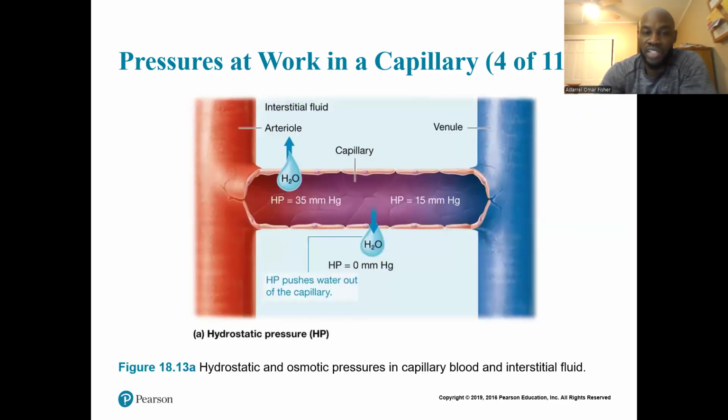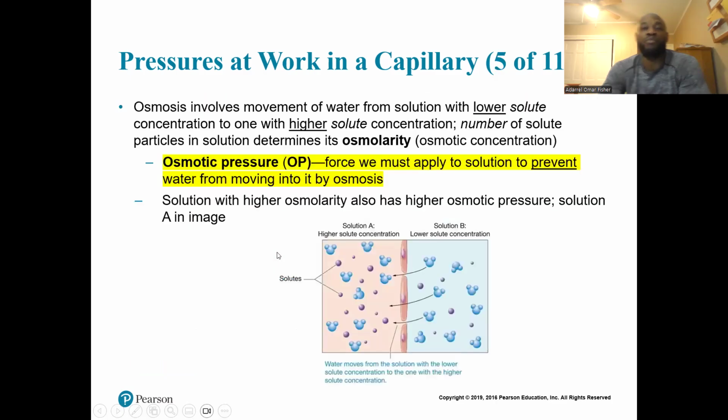Here in this diagram, you see blood enters the capillary near the arteriolar end at 35 millimeters of mercury, and near the venular end, it's only 15 millimeters of mercury, right? So that hydrostatic pressure is going to change over the course of going through the capillary and the capillary bed. This hydrostatic pressure is going to push water out of the capillary.